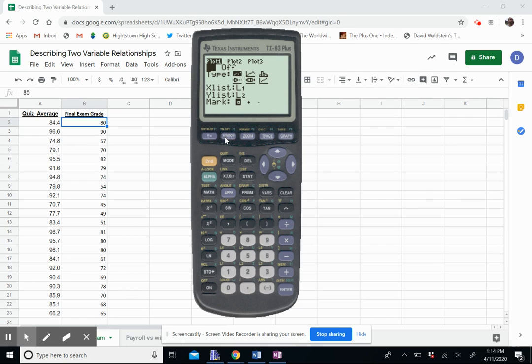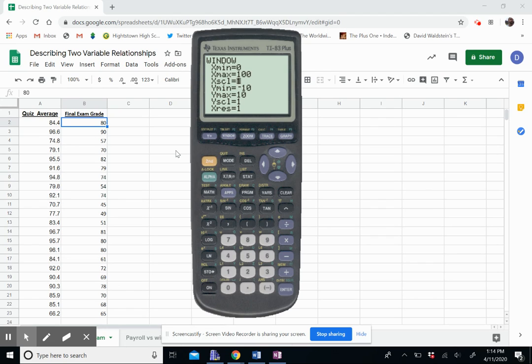Now, I need to set the window here. That's basically what my graph is going to show. If I hit window, now I have to look at my data, and I see that these are all numbers essentially between 0 and 100. So I'm going to go from 0 to 100 here.